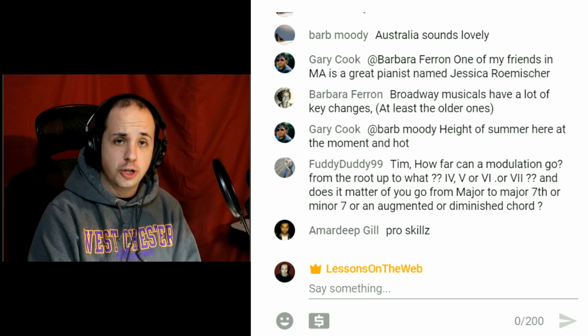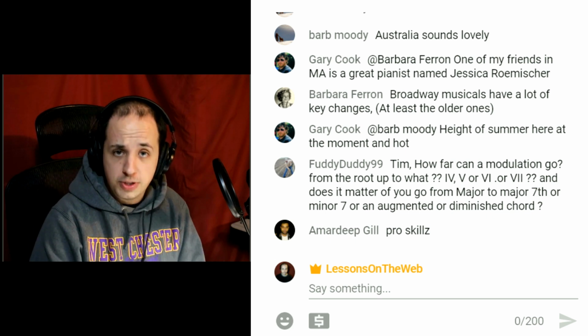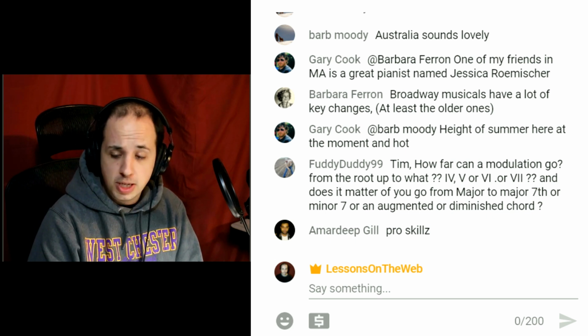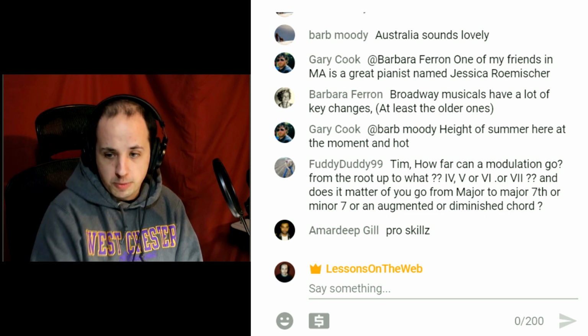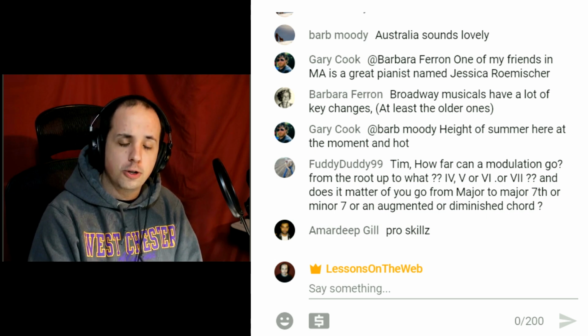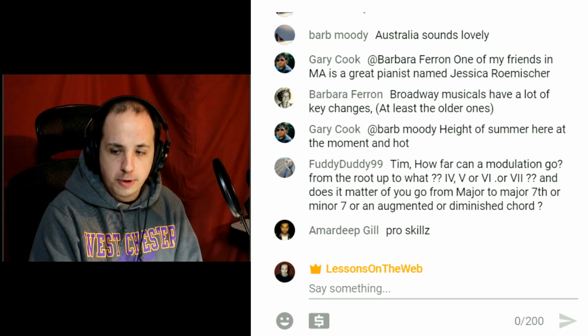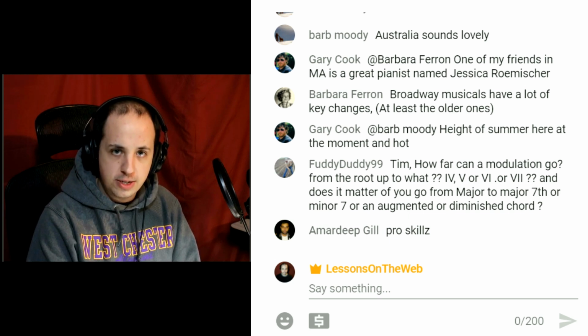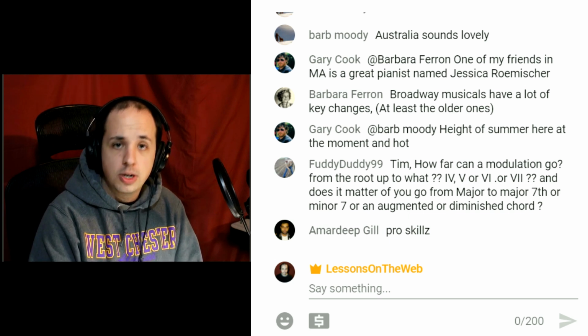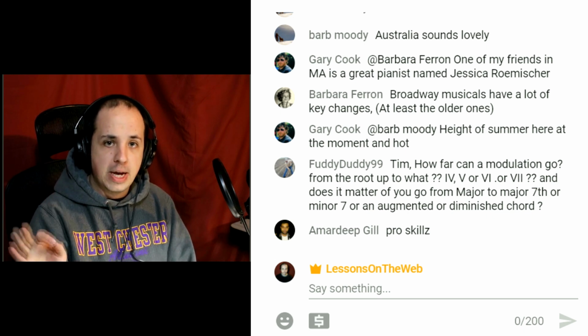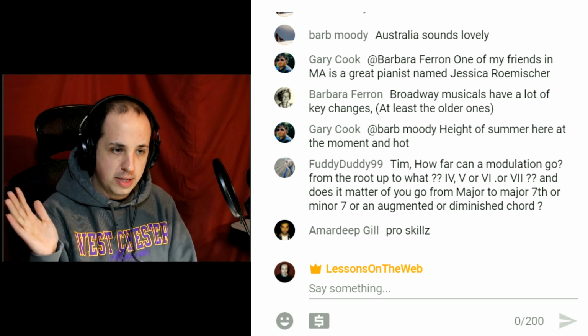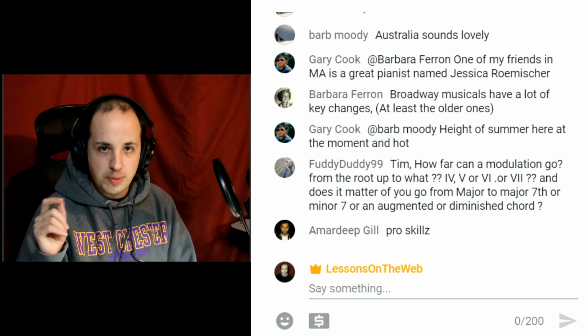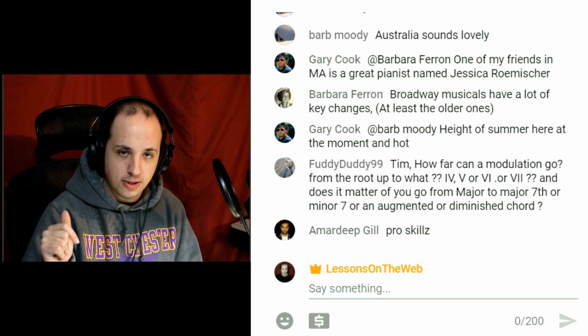The modulation can go as long as it needs to go. You can stay in C major for a long time and then get up to whatever number chord you really want. So long as the chord, at least with a common chord modulation, exists in both keys, you're fine to go. Now, whether the chord is major, minor, diminished, or augmented, it'll never be augmented because none of the chords in the key are like that.